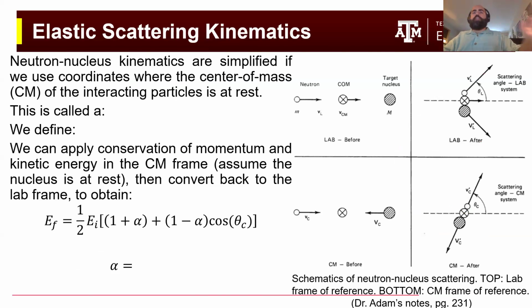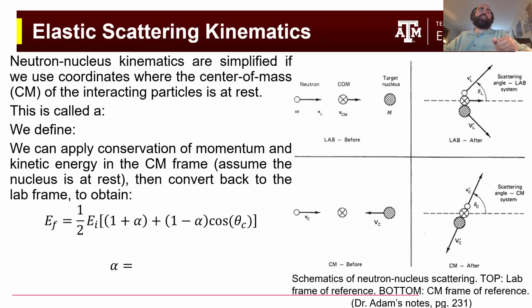So, getting more into understanding elastic scattering, the analysis basically requires kinematics. It's essentially just our physics one: conservation of momentum and conservation of energy. But for these neutron nucleus interactions, the math becomes a lot easier if we use something called center of mass coordinates.